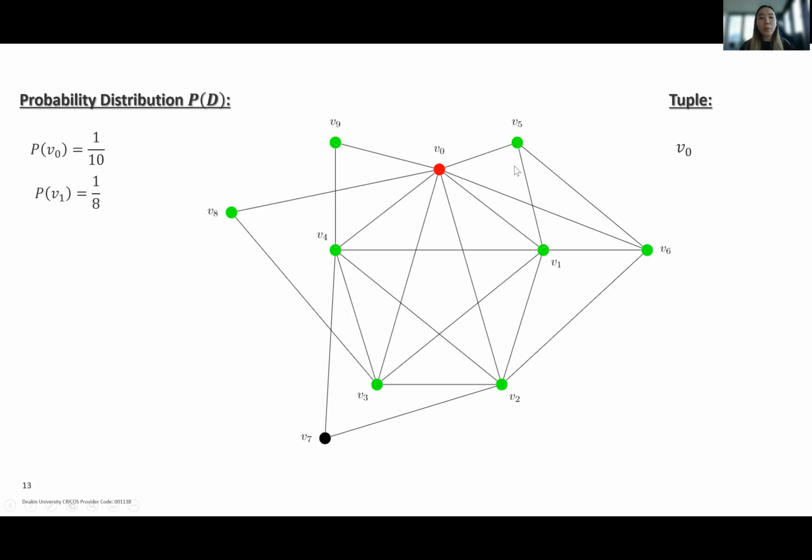Next we look at the degree of V0, and you can see that there are 8 choices because there are 8 neighbors of V0, and we can pick any of these.